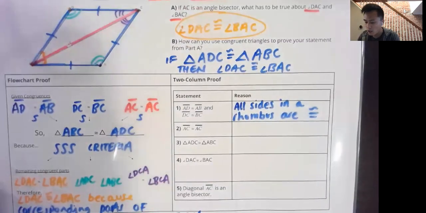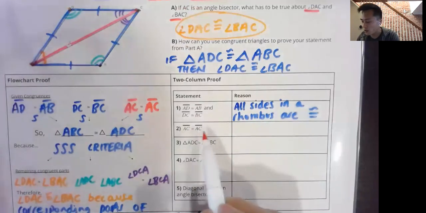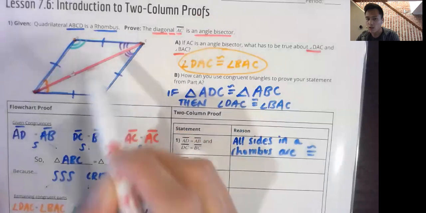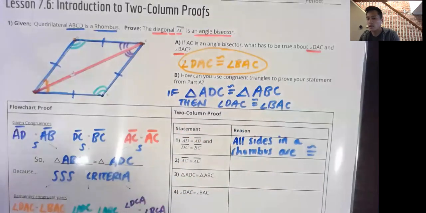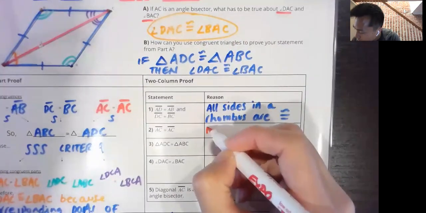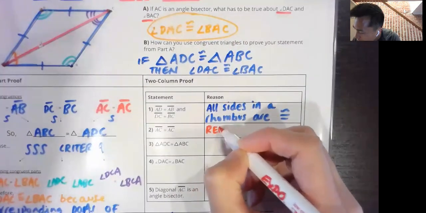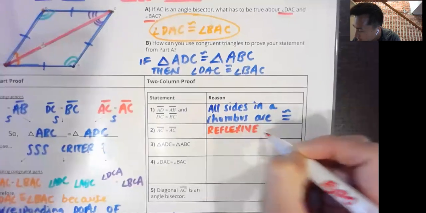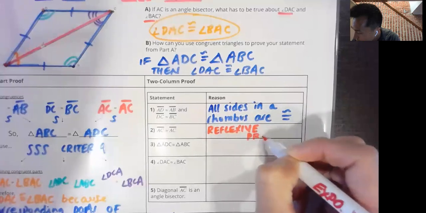Next, AC is congruent to AC. Well, we know that that has to be true because they share that side, and any side is congruent to itself. And here we have some new vocabulary. This is called the reflexive property.